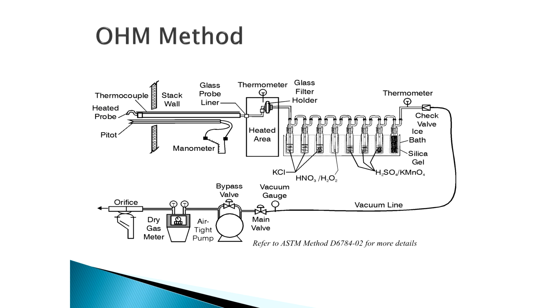The Ontario Hydro method has a probe and a heated filter and a whole bunch of impingers that contain solutions that are designed to resolve the species of mercury. Method 29, which is used to measure total metals in stacks, does not speciate mercury adequately.